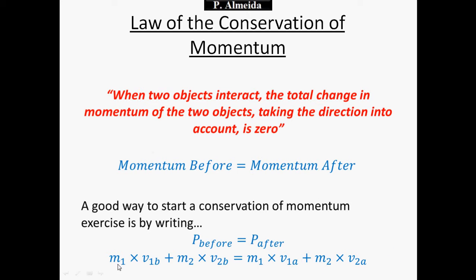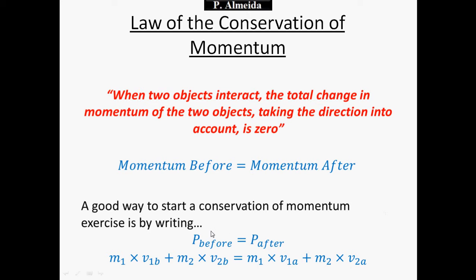So mass of the first object times velocity of the first object before the interaction, plus mass of the second object times velocity of the second object before the interaction, must be equal to adding the momentum of the first and the second object after. So mass of the first object times velocity of the first object after the interaction, plus mass of the second object times velocity of the second object after the interaction.